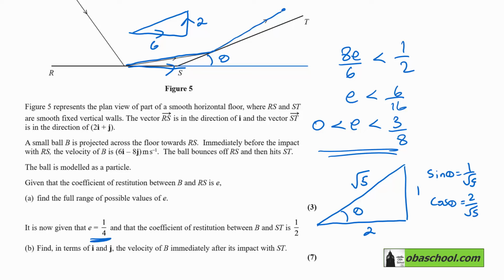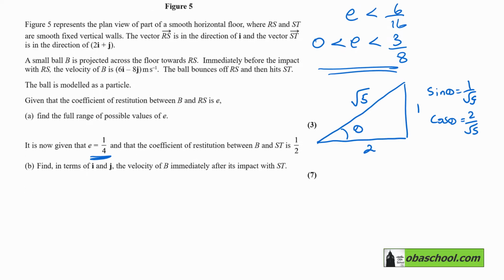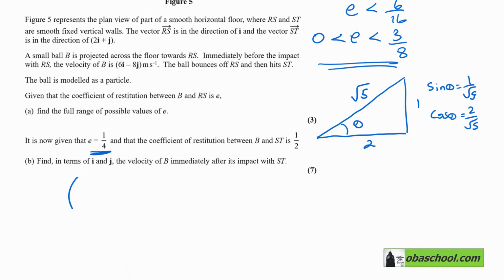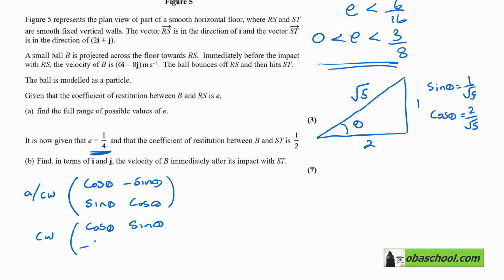So how are we going to rotate? Well, we know from other work that we've done, this rotation matrix is for an anti-clockwise rotation. But if we want a clockwise rotation, it's just going to become cos theta, sine theta, negative sine theta, cos theta.